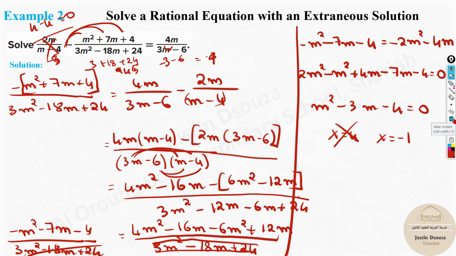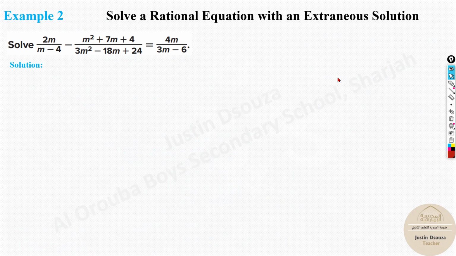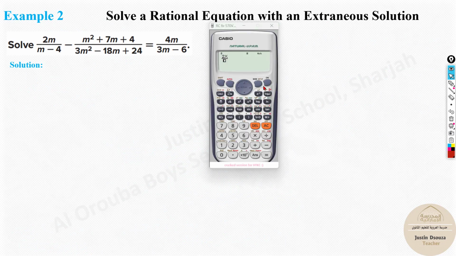Now, if it's say MCQs, there is a shortcut method, the calculator method. Let me just take out the calculator again. Here, just type it. Instead of m, put it as x, alpha x minus 4. Again, go outside, minus, it'll be m squared plus 7m, that is written as alpha x over here.